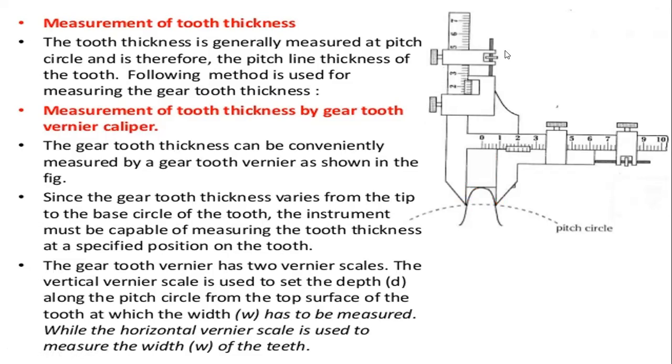That is why good calibration has to be done while measuring, and proper adjustments also need to be made. This is the adjustment nut for the horizontal section and two more adjustment sections for the vertical section also.